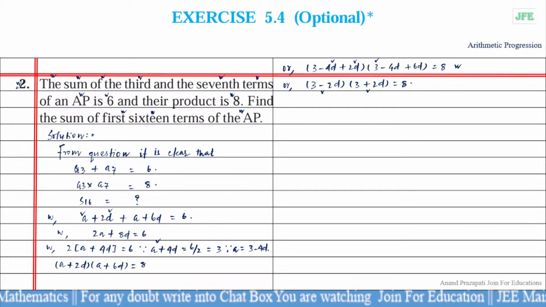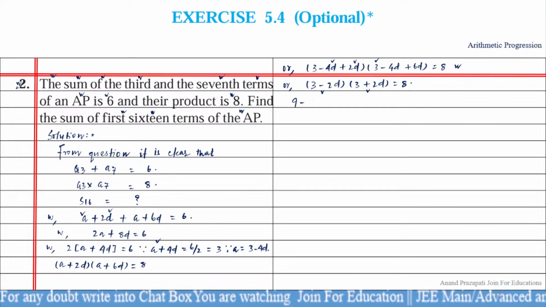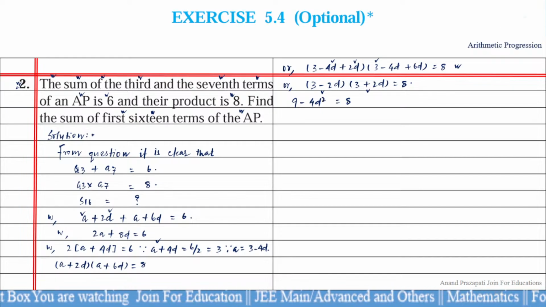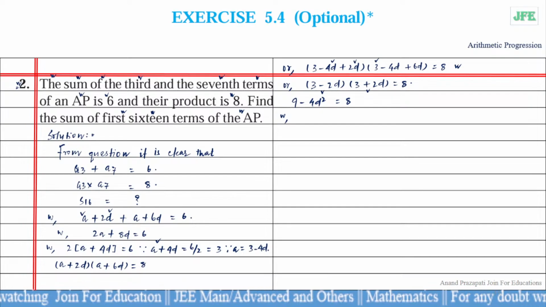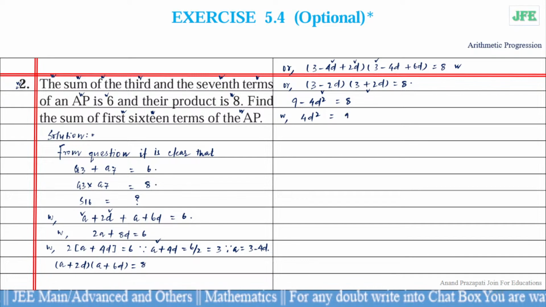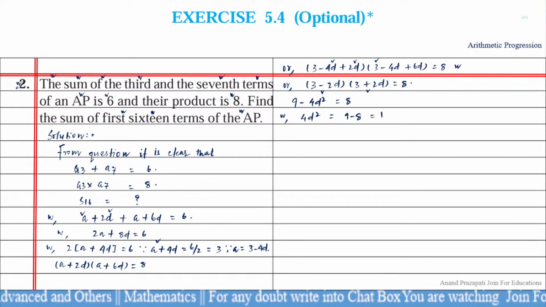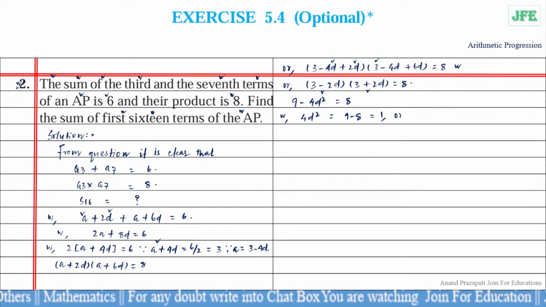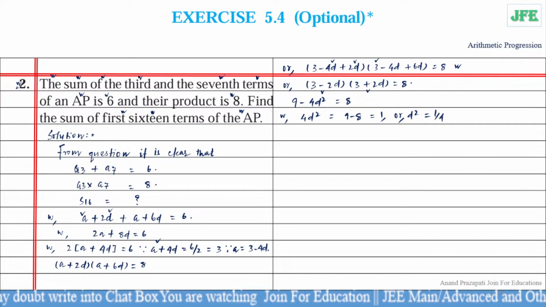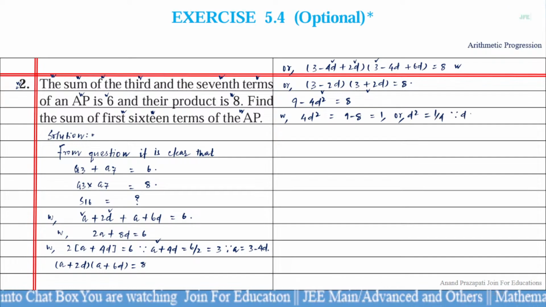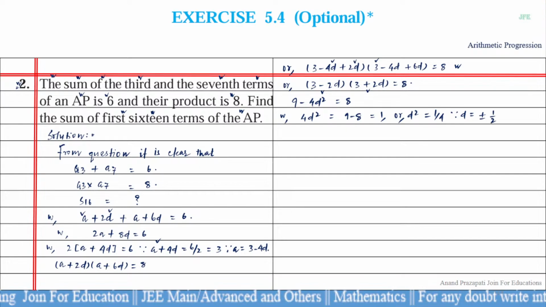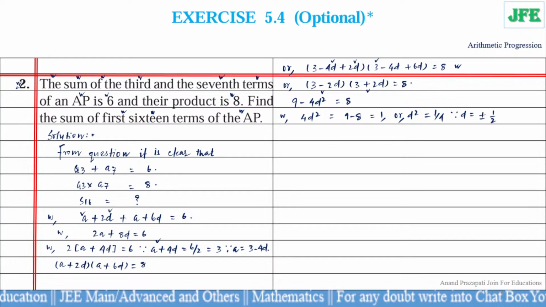So here will be 9 minus 4d square equal to 8, or 4d square equal to 9 minus 8 equal to 1, or d square equal to 1 by 4. Therefore d equal to plus minus 1 by 2, the square root of 1 by 4.